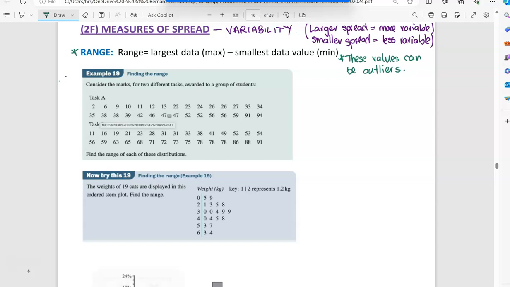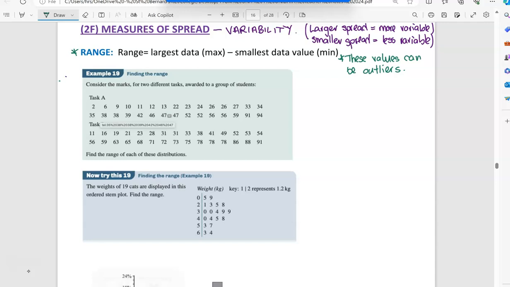Because the range includes those outliers, it's not resistant. It's not a very good measure of spread if there are outliers, so we don't use this one often. We would probably use the next one that we'll look at in a minute. But let's have a look anyway.